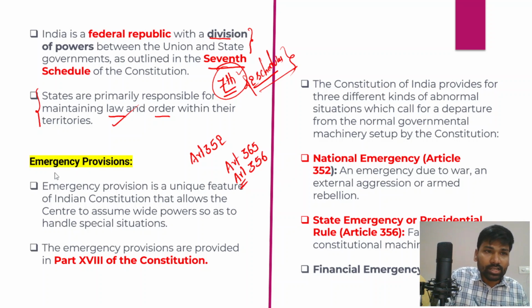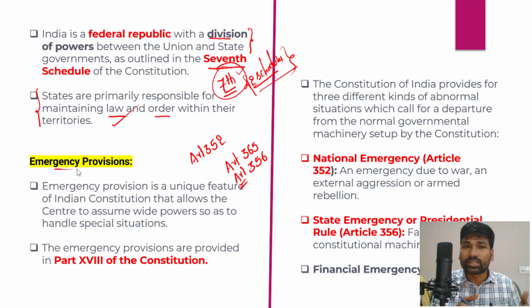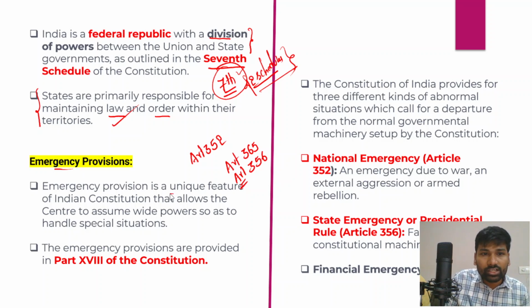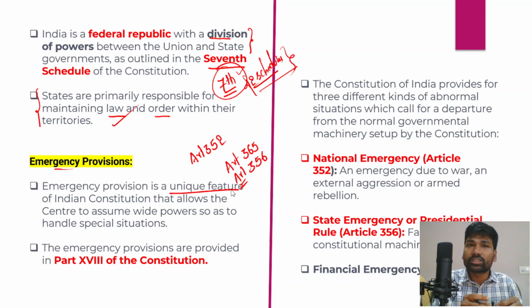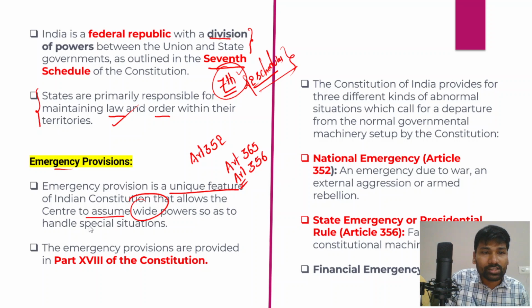However, when we talk about the emergency provisions provided by the Indian Constitution, emergency provision is always a unique feature of the Indian Constitution, and these emergency provisions allow the center to assume wide powers so as to handle the special situation or any contingency which may arise at the national level or within one part of India.